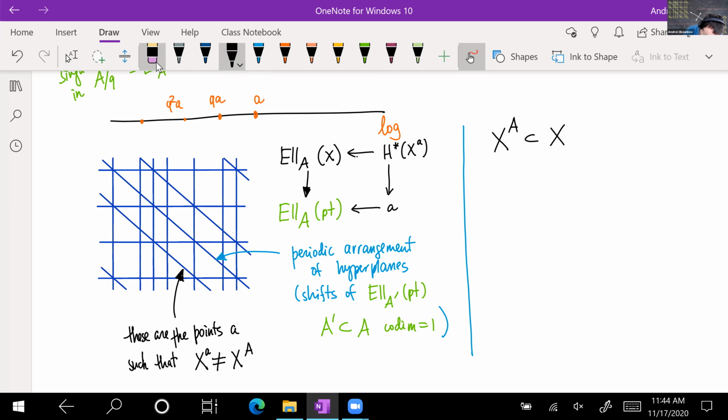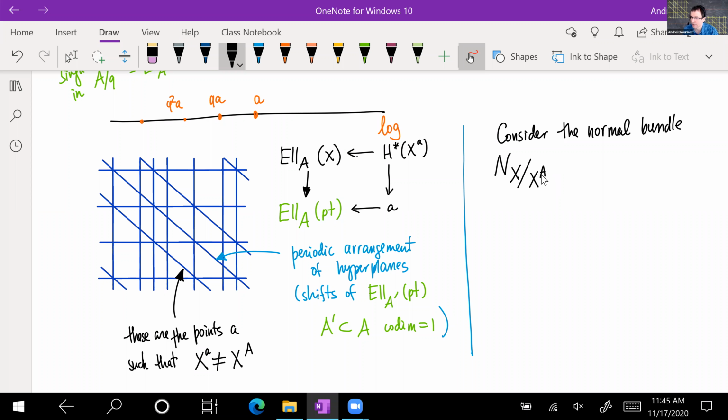So consider the normal bundle to the fixed locus of the whole torus.